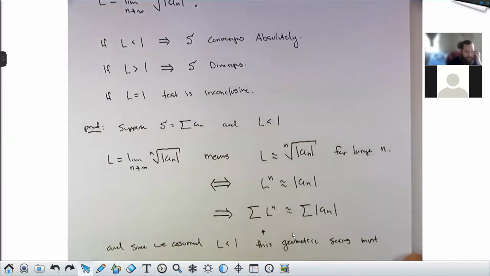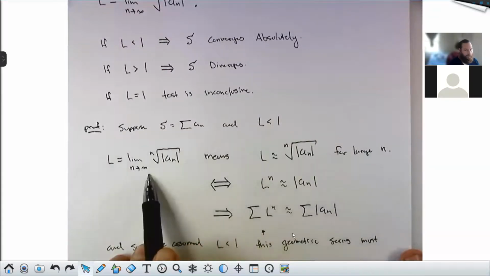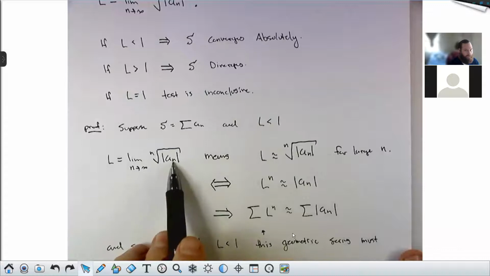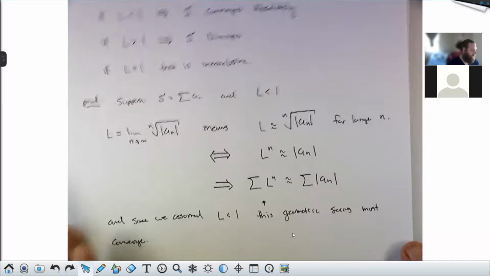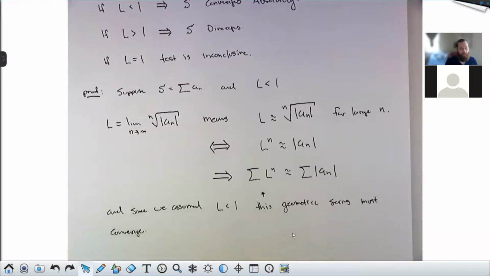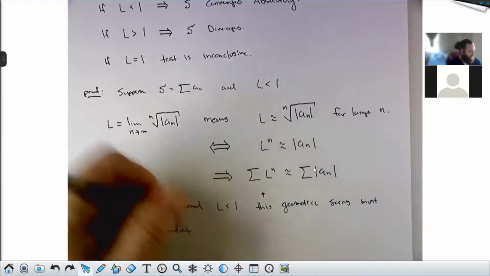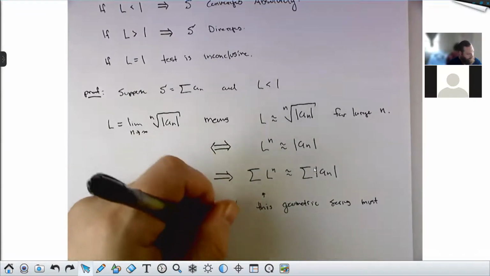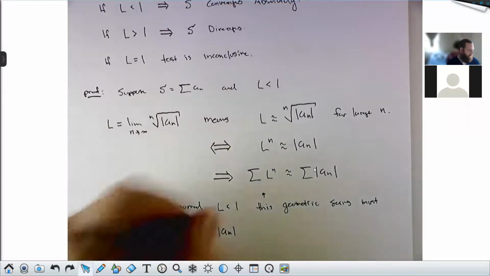L is, of course, positive, because you could never get a negative number out of this limit: the first step is take absolute values, then take the nth root, then take the limit. So if L is less than 1, then its absolute value is automatically less than 1. And that means that the geometric series sigma L to the n must converge. Therefore, sigma absolute value an: if this series is basically the same as this series, and this series converges, then this series converges.